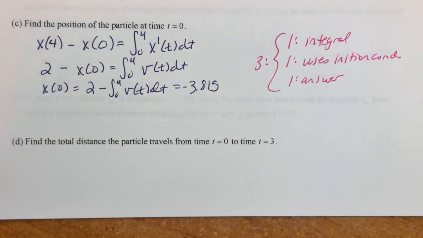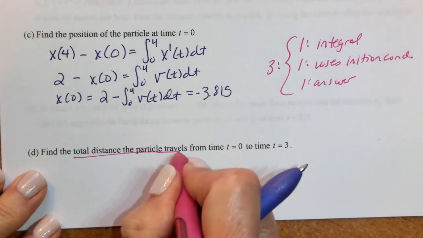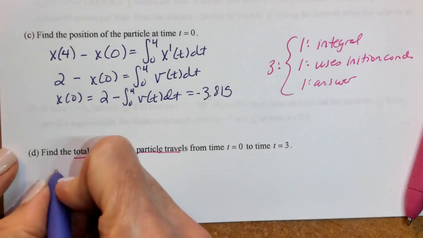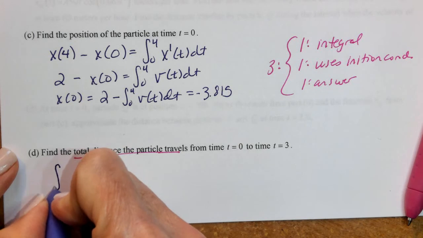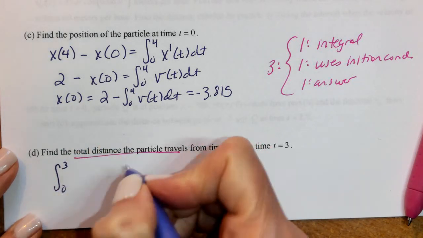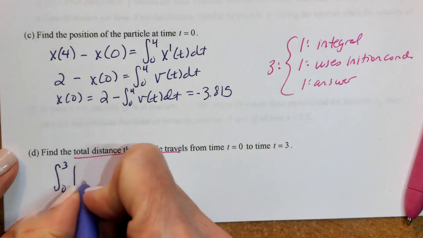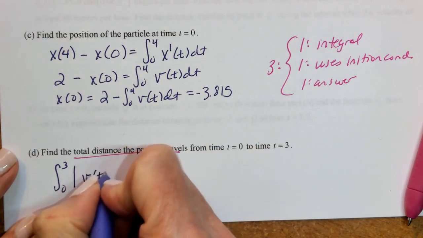Okay. Part D, find the total distance traveled by the particle. So remember that total distance is always the integral from 0 to 3 of the speed, right? Well, the speed is the absolute value of the velocity.